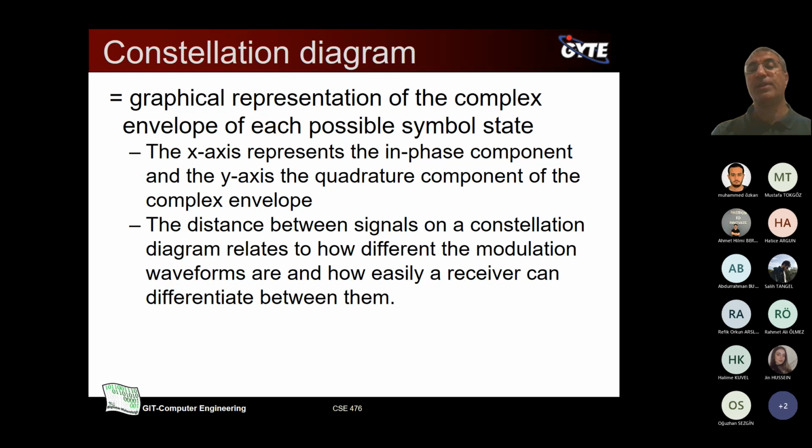In this constellation diagram, the distance between signals is very important to see the performance of the modulation. If the distance between the two constellation points is far, then the performance is going to be much better. But when they get closer, because of the noise, fading and other interference effects, the performance is going to degrade.